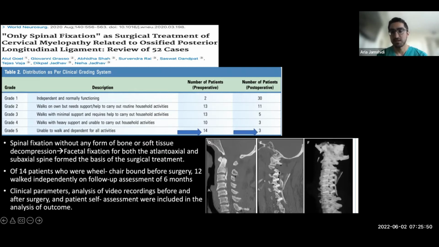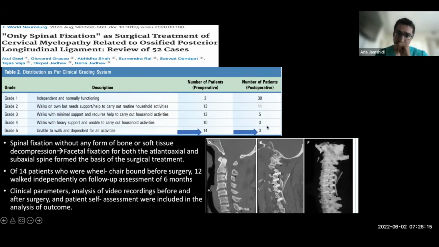You can actually see his postoperative CT scan and the reconstruction here. He essentially relied on facet fixation for both atlantoaxial and subaxial spine. And he documented the analysis of video recordings before and after surgery in these patients, and had the patients provide self-assessments, which were included in the analysis of the outcome.